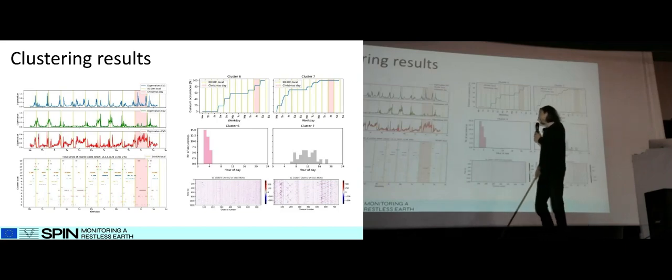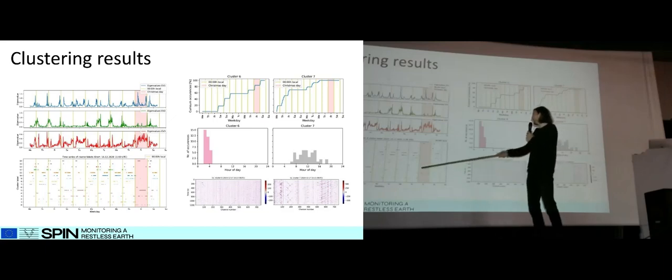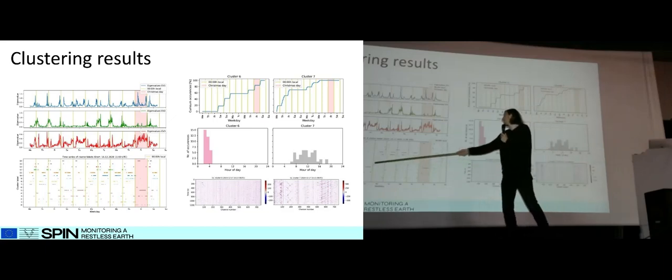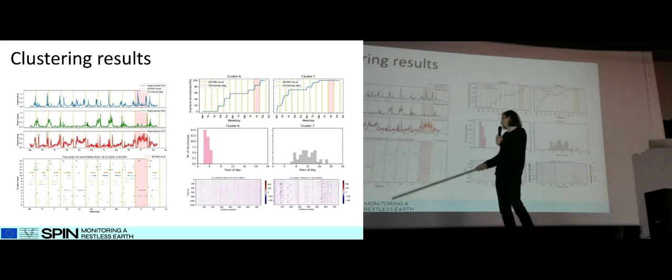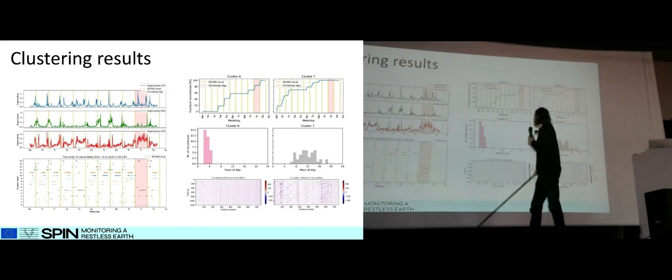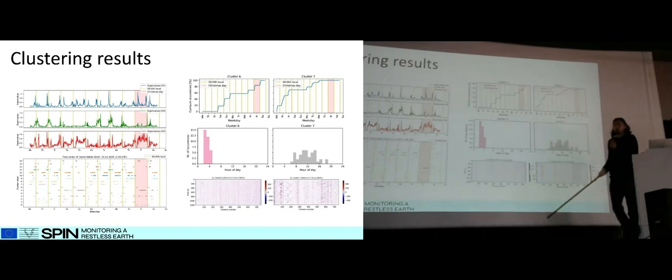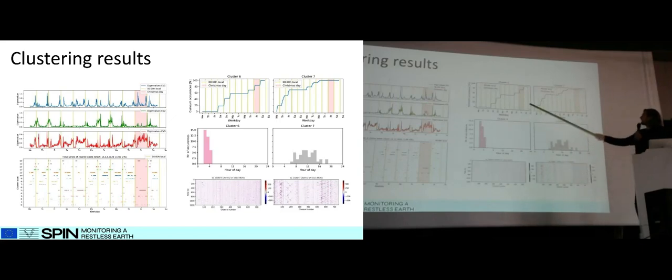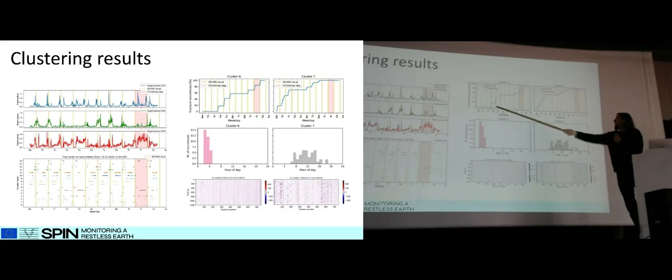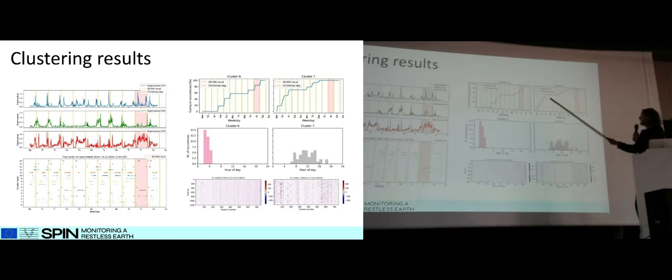For example, this cluster mainly occurs on Christmas and this is a Sunday, or we have some clusters which just occur in the very early morning, and this is also seen here. Cluster 6 just happens during weekends and really in the early morning, while this cluster occurs during weekdays and mainly during daytime when it's really active. You can see here lots of trams passing, lots of cars passing.